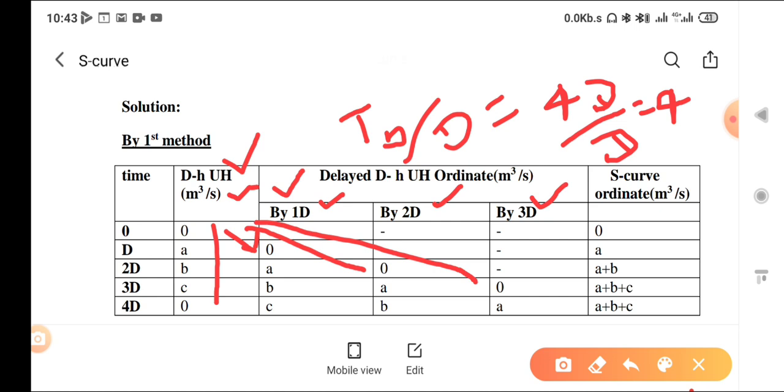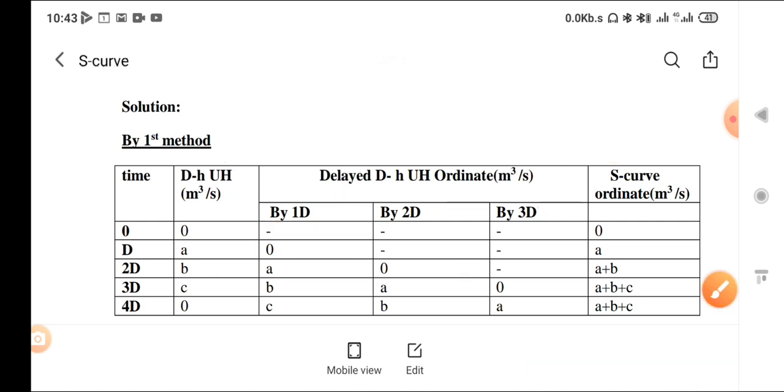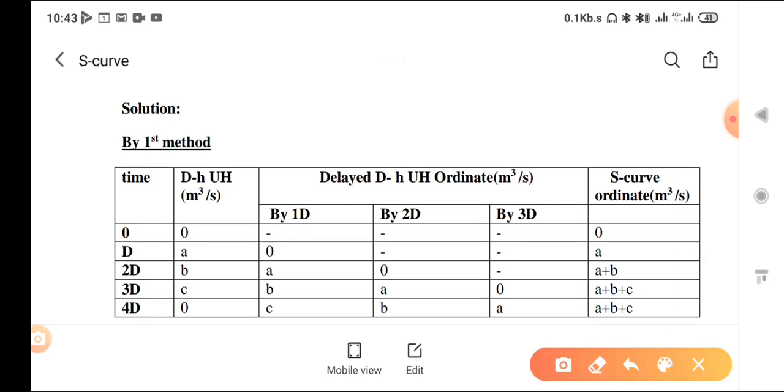So for 0 it will be 0, and for D it is 1 plus a, that is a plus 0, which is a. Then for 2D it is b plus a, which is a plus b.